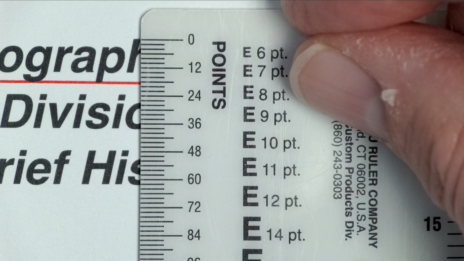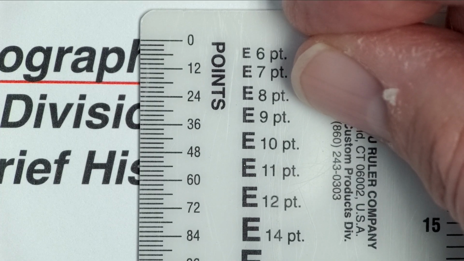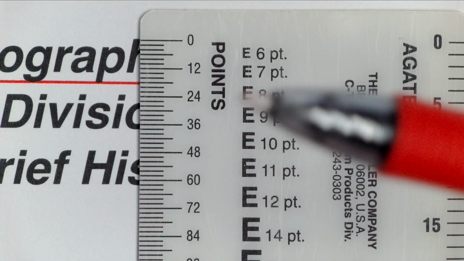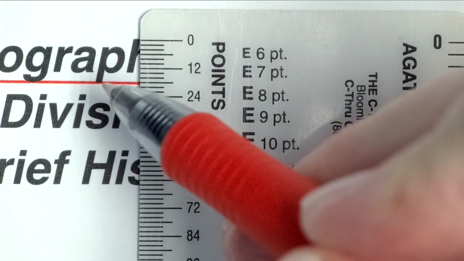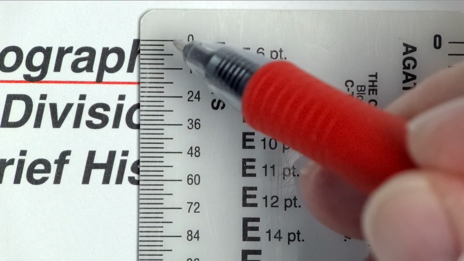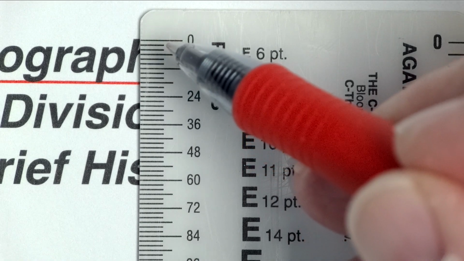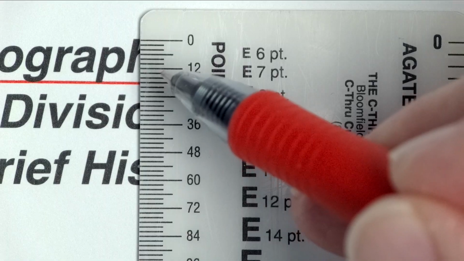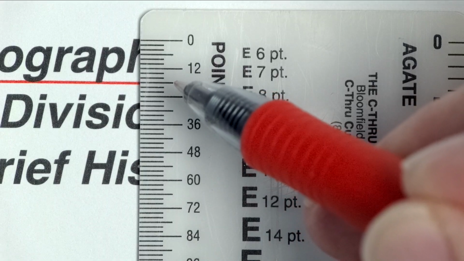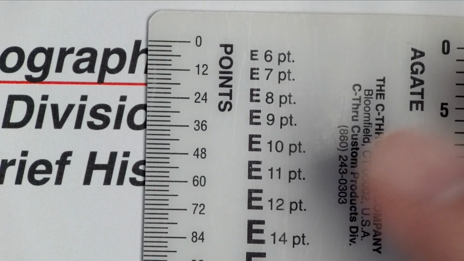So if I line up the top of the H to my descent line, and keep in mind the ink, the tip on this pen is going to be fairly thick, so try to do your best to line it up with the bottom. Can we see it kind of lines up with one of these lines here? This one right here? Now this scale is in twos, so that's 2, 4, 6, 8, 10, 12, 14, 16, what's that? 18. Okay? That's what I have on that point scale.